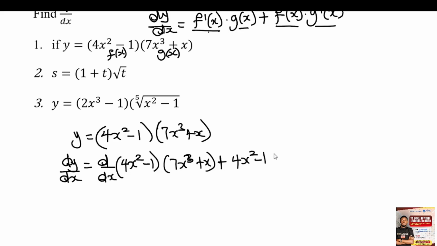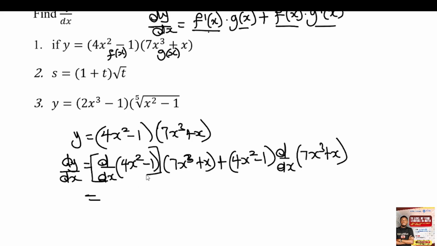So we are going to have 4x squared minus 1 d dx of the second function, which is 7x cubed plus 6. So you differentiate the first one, you keep the second one constant, then you differentiate the second one, you keep the first one constant.